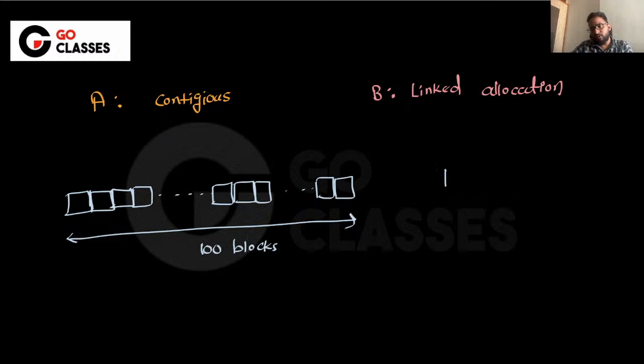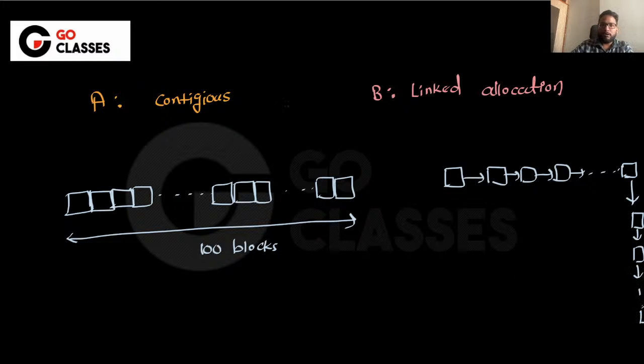So suppose these are the 100 blocks that you have, and there is a file that is already stored in these 100 blocks. Similarly, here also there is a file that is stored in 100 blocks, but because of the linked allocation, it will look something like this, right? Okay. I hope you got it, or maybe let me just draw it this way.